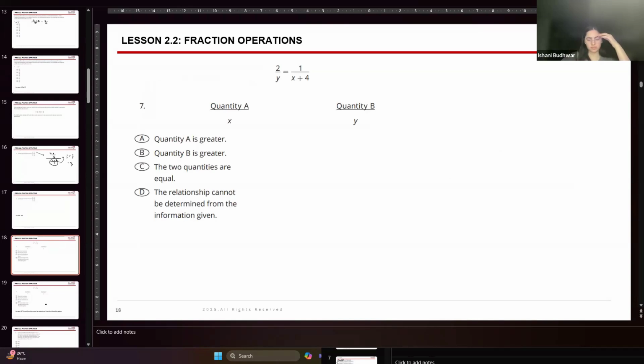Okay. Quant comparison question. 2 by y is equal to 1 upon x plus 4. Which is greater, x or y? So how will we solve such kind of questions? Now this is a medium to hard difficulty level question.